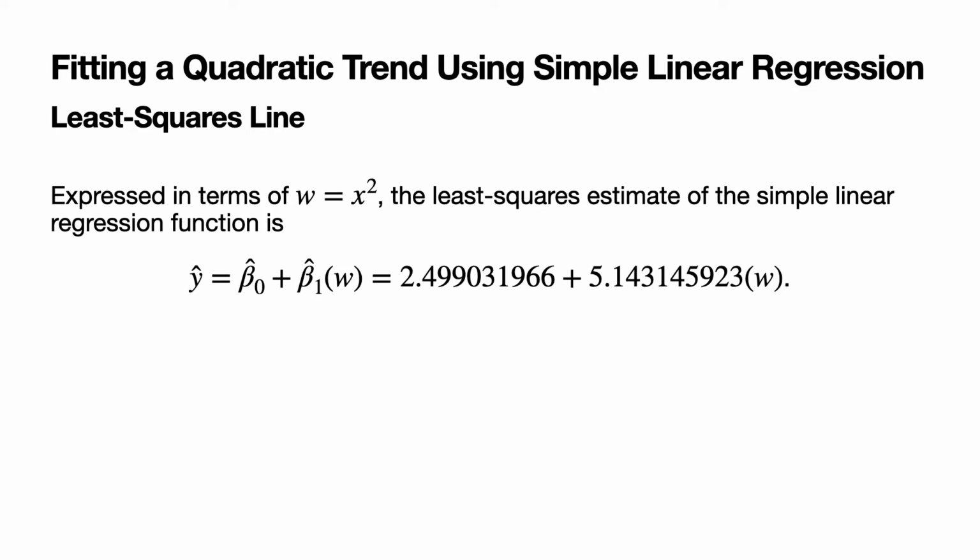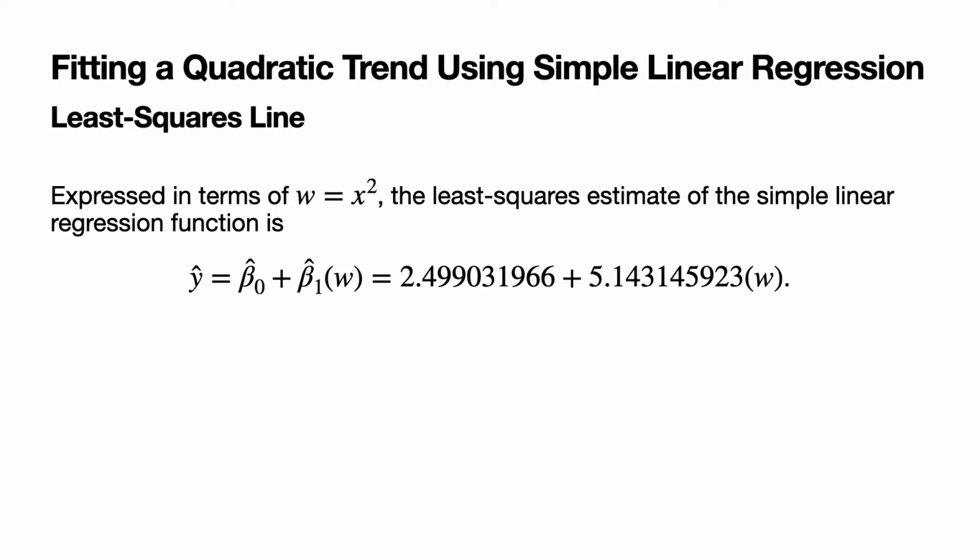Now, obviously, in a real-world situation, we would round these estimates to whatever's appropriate for the particular situation, but I'm showing full precision here just so you can see if you get the same values as well.